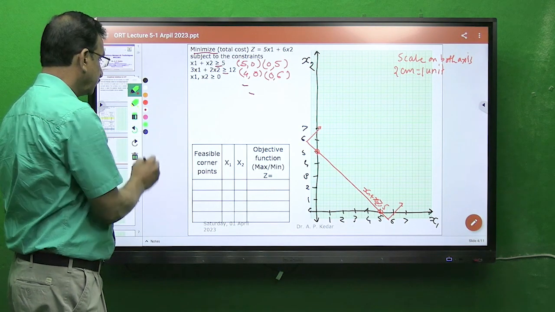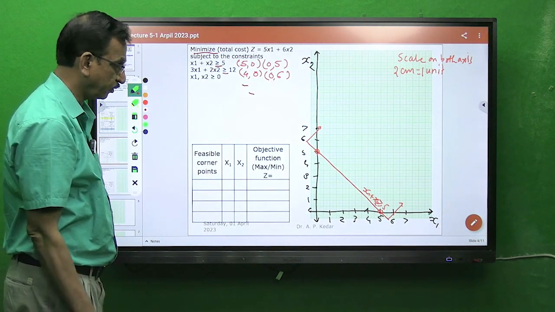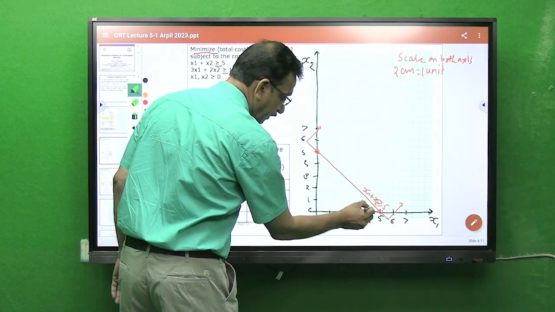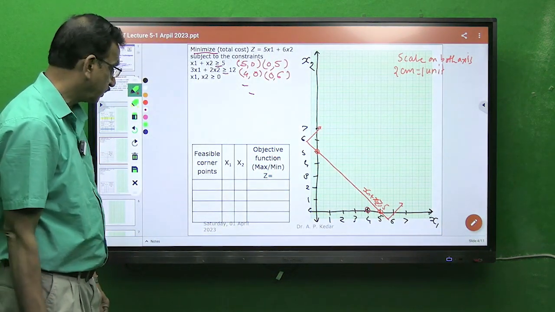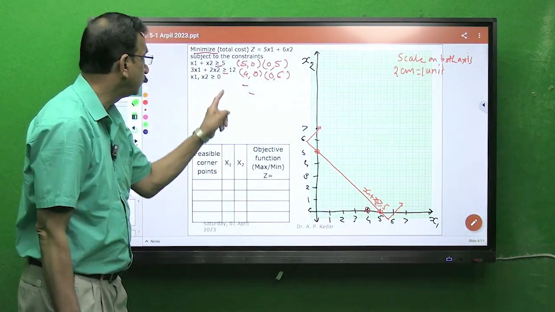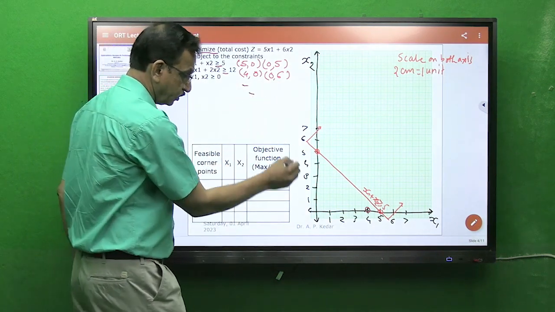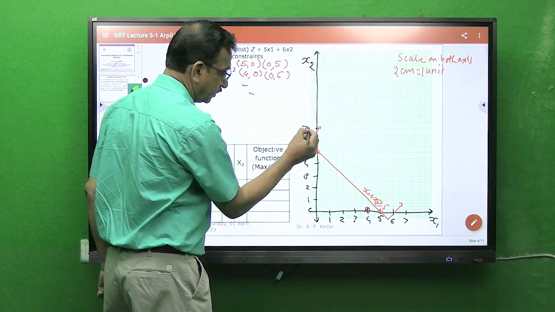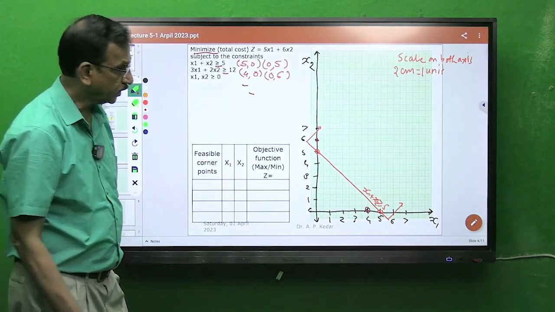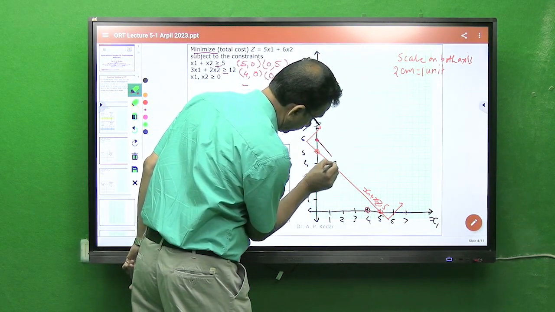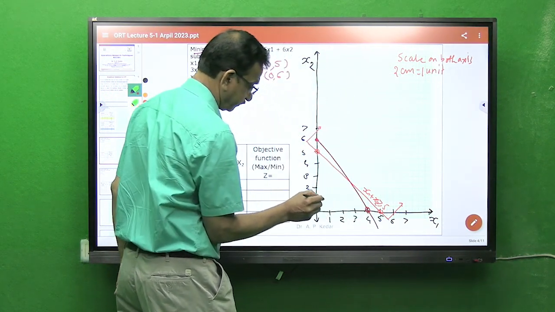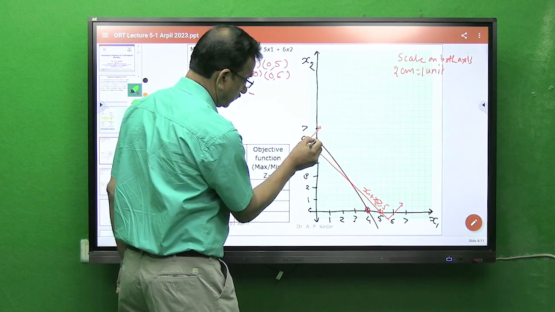Now we'll plot another point. Another point is 4, 0 and 0, 6. So this one. Now again you have to draw a straight line, like this.